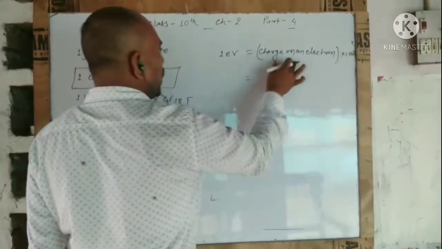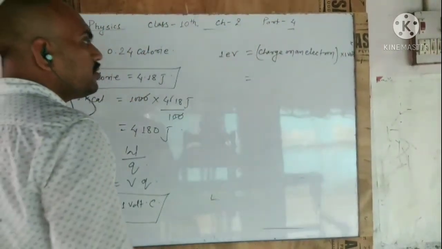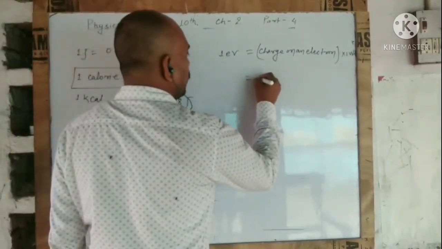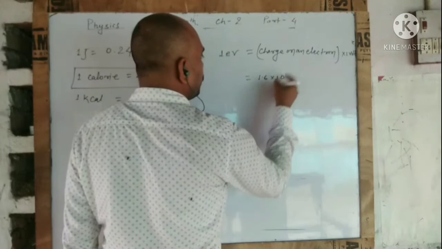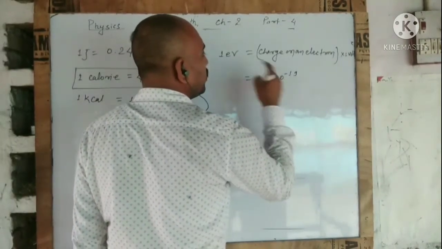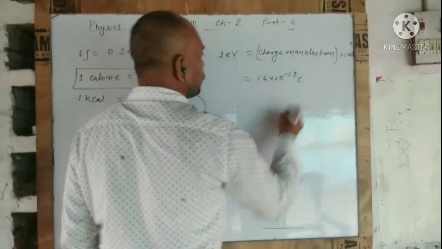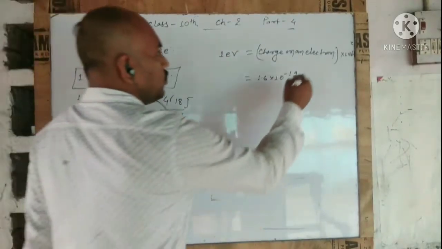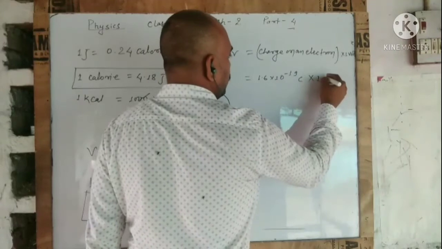We know that the charge on 1 electron is 1.6 into 10 to the power minus 19 coulomb, into 1 volt.